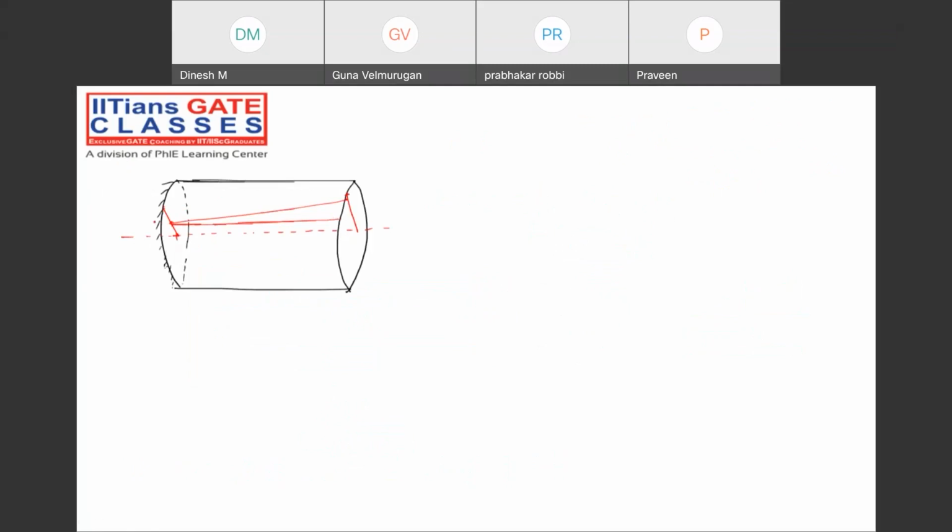A very first section I'm going to consider is something like this, where the angle of twist will be, suppose, theta, and the shear angle will be, suppose, phi. Now let me take one more section from here.